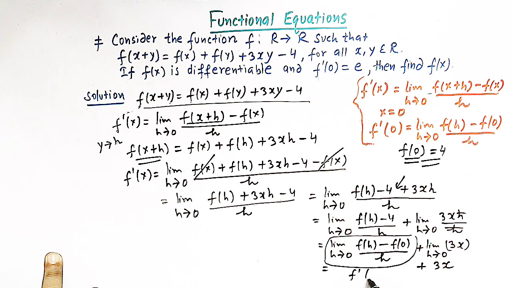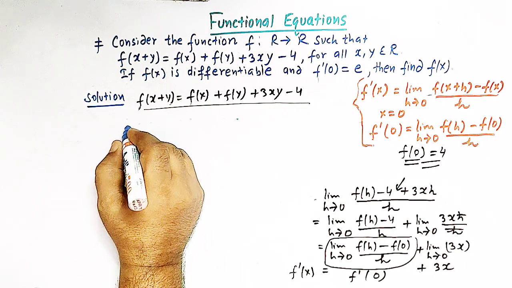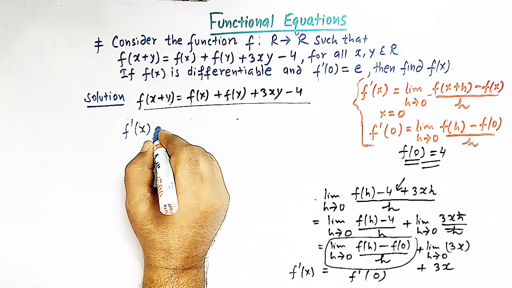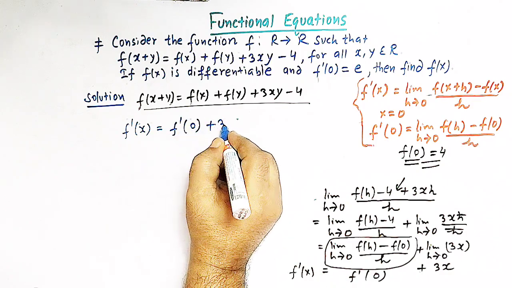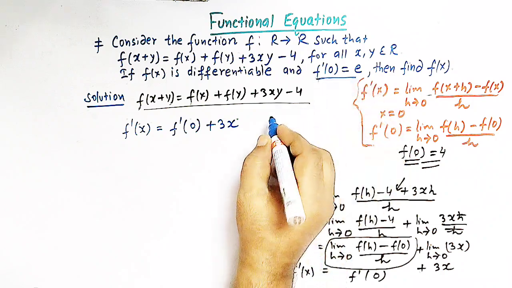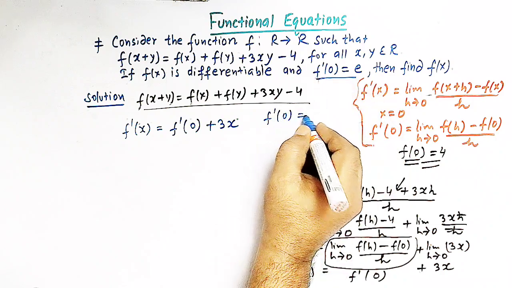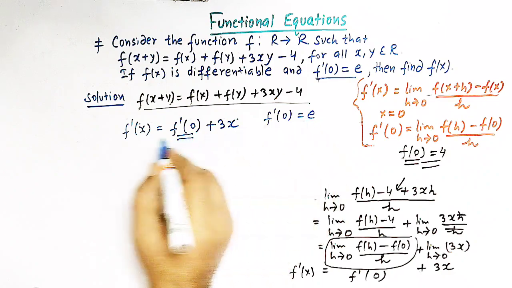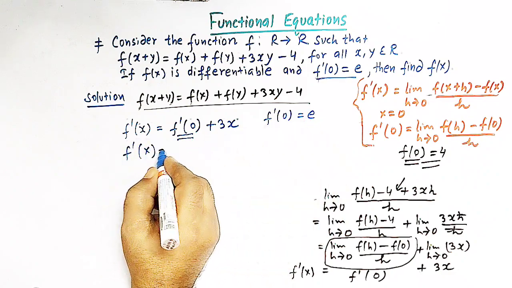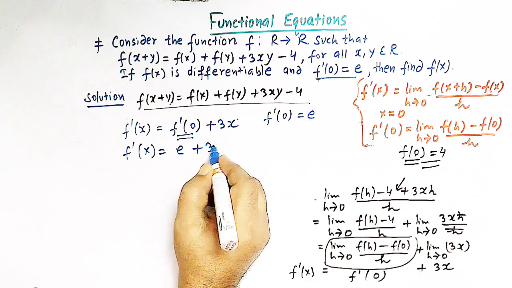So now f prime of x is equal to f prime of 0 plus 3x. Now we are given that f prime of 0 is equal to e. So substituting here e, we can now write f prime of x is equal to e plus 3x.